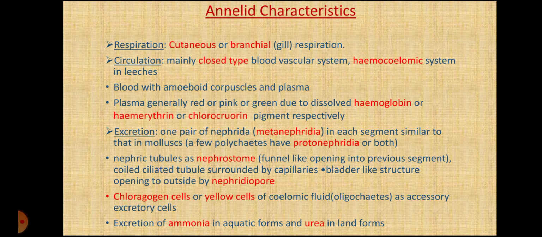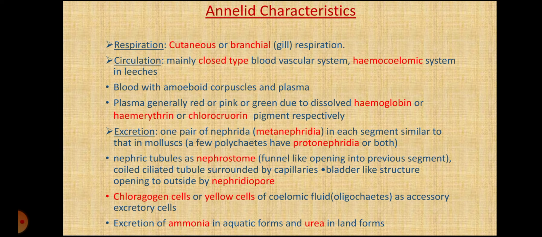But the septal and the pharyngeal nephridia of earthworm discharge the wastes into the gut and hence are called enteronephric. Generally, the aquatic forms excrete ammonia and the land forms of annelids excrete urea. So these are ammonotelic as well as ureotelic in nature.